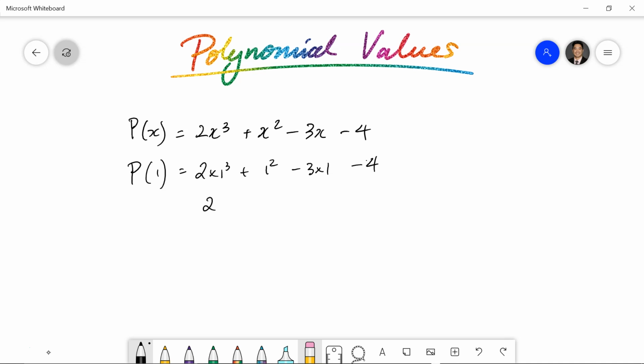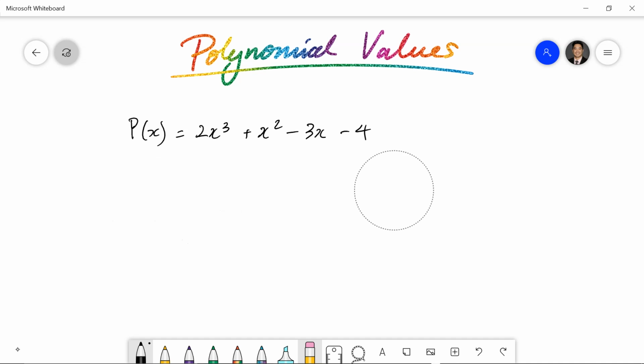So we've got 2 plus 1 minus 3 minus 4. If we add it all up, the 2 plus 1 cancels out with the minus 3, and you're left with minus 4 as your answer. So here's your polynomial function p of x, but the polynomial value of 1 is minus 4. Simple as that.